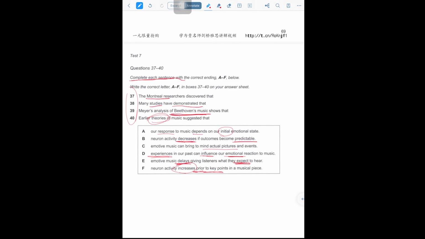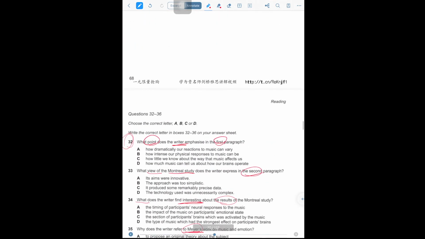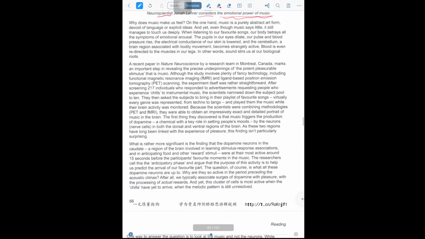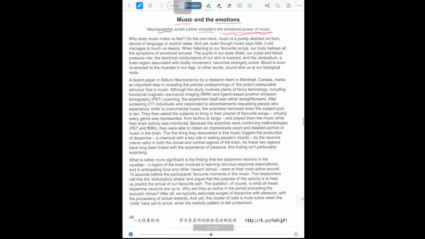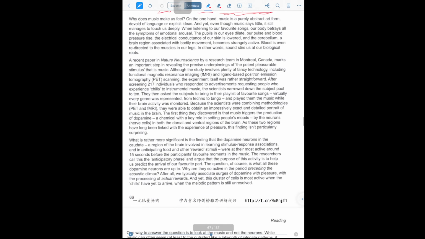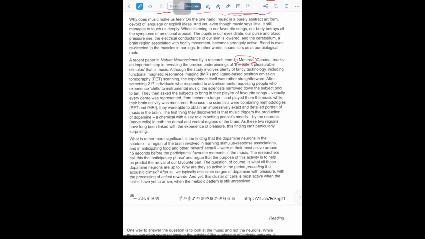Increase. Okay, so now that I have circled the keywords, it's time to go back to the passage and locate that information. You will have a rough idea of those keywords in your mind. For example, here I already see the word Montreal. A person's name should also be easier to find.